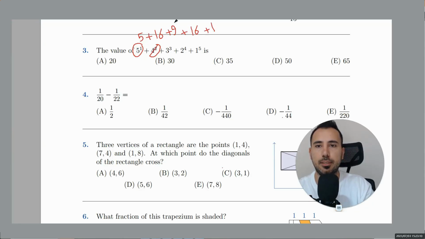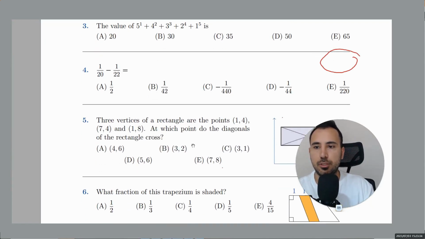So 30, this is 17, 40. It's not in the options, I made a mistake. Here it was not 9, it was 27. So 47 we had, 18 more to it, 65. This would be the right answer.